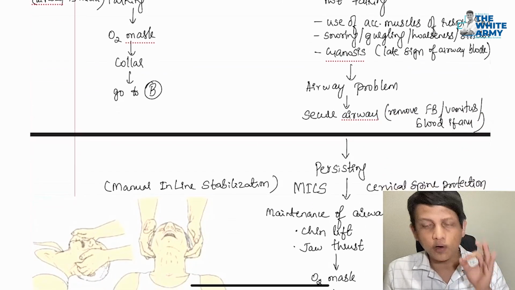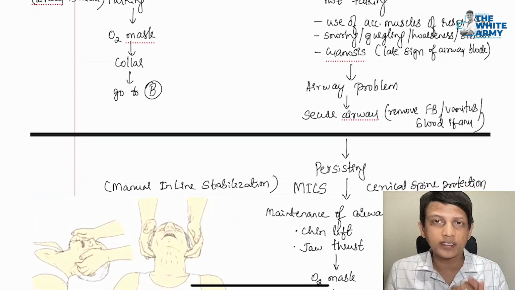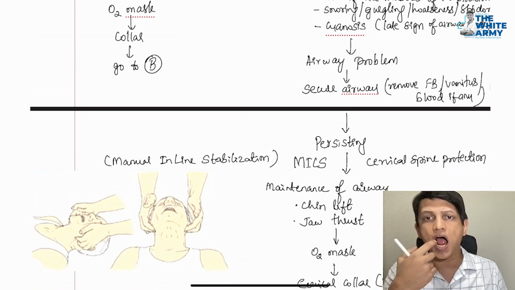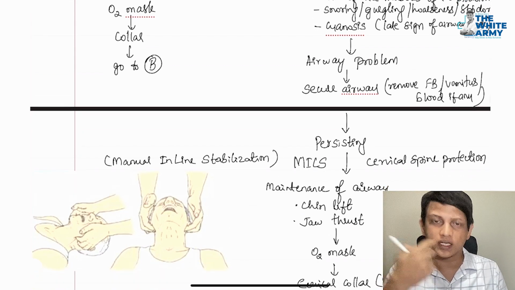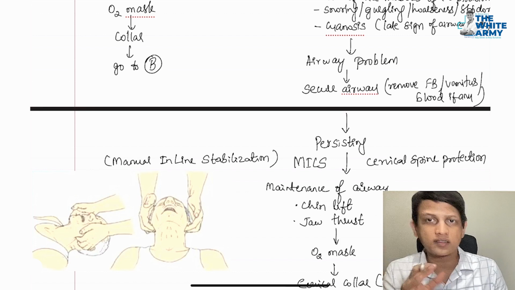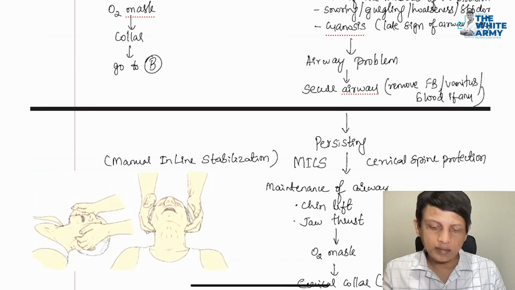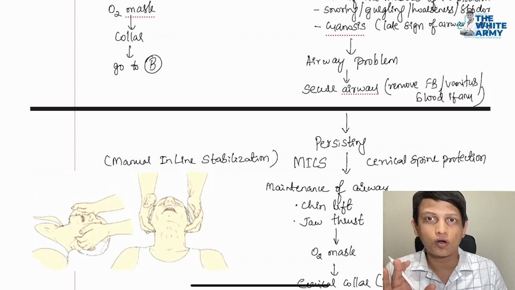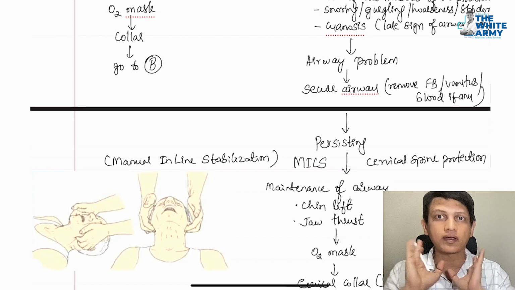So immediately you have to secure the airway. First thing you can do is try to open the mouth or nose and remove any foreign bodies, any vomitus present, blood, if any, you can suck it out. Okay, if it still persists, then don't do much, because you are concerned about the cervical spine also.